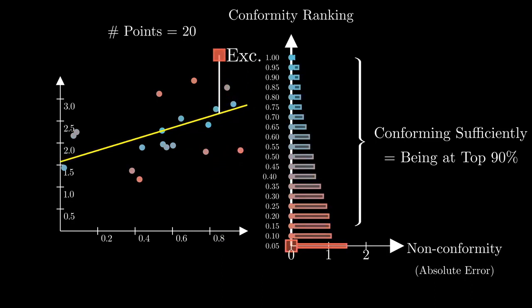Now, as the informal description that we started from suggests, if we collect all the plausible labels that put the square in the top 90% of the ladder, we will get a predicted interval for that test point.